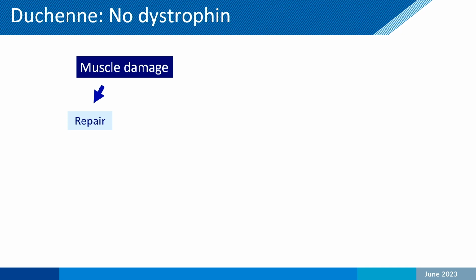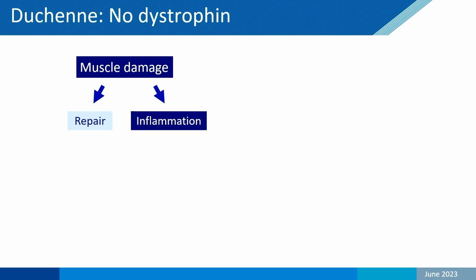So muscle damage normally will be repaired, but the problem is that this repair happens in stages. First you have inflammation to clear up the debris, then you make connective tissue, say the mold of the muscle fiber, and then you repair the muscle proteins, and these things happen stage by stage.